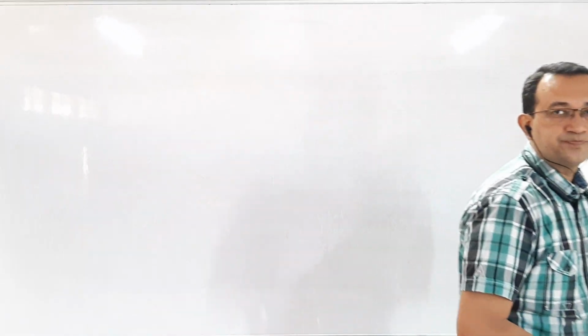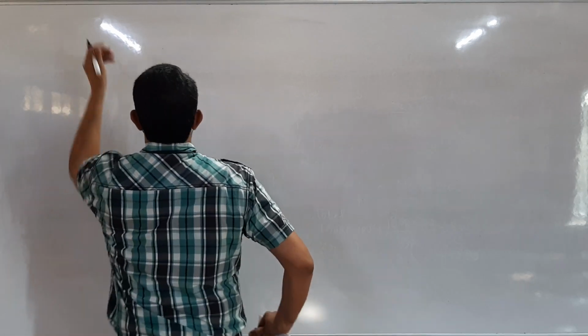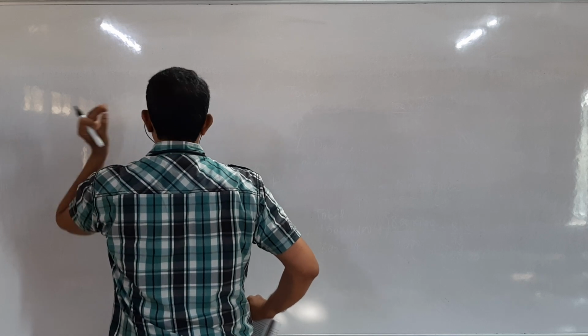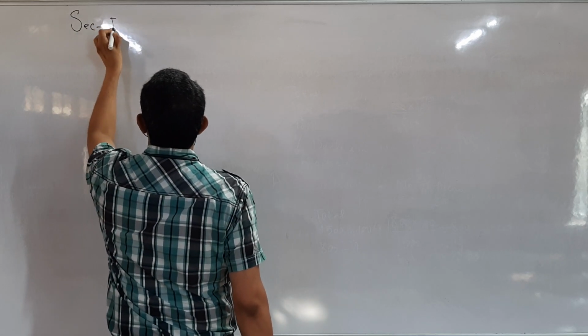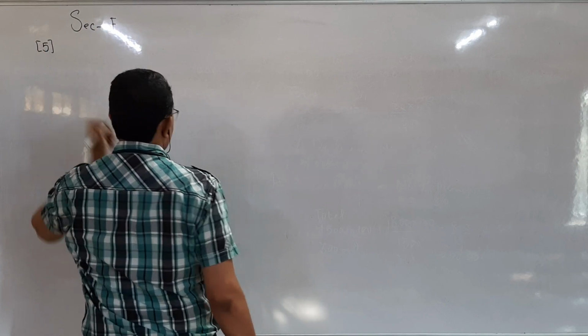That's why we are doing it. We have a sum of tabulation in section F, sum number 5.